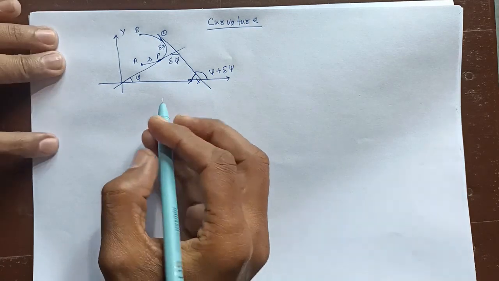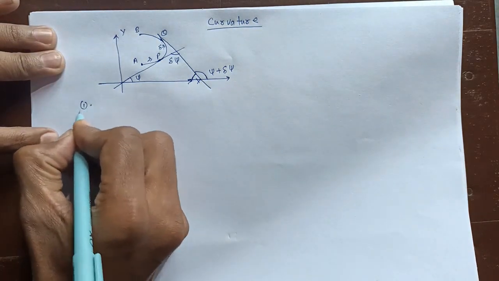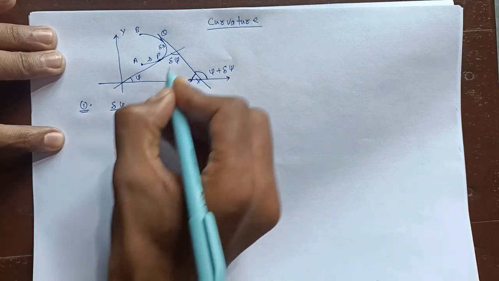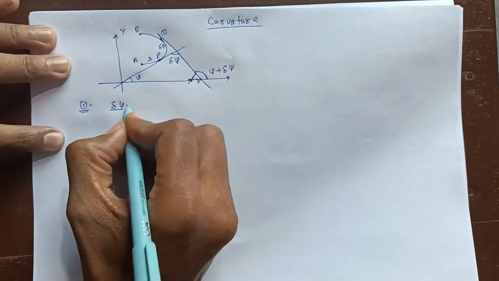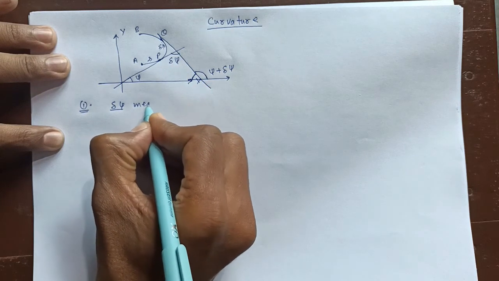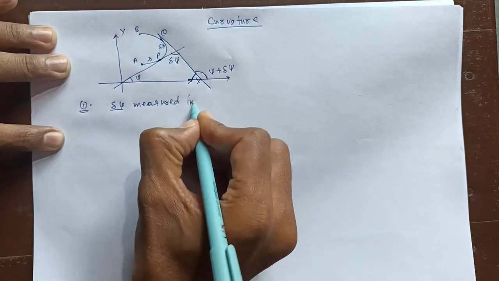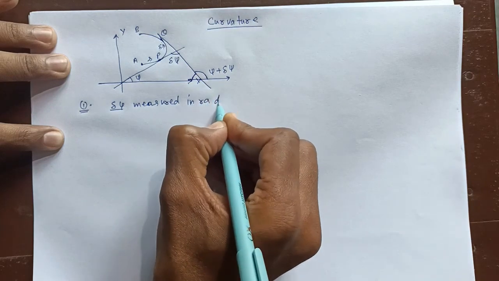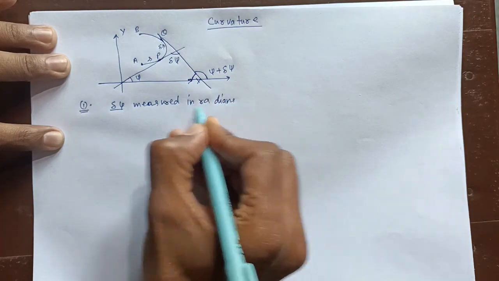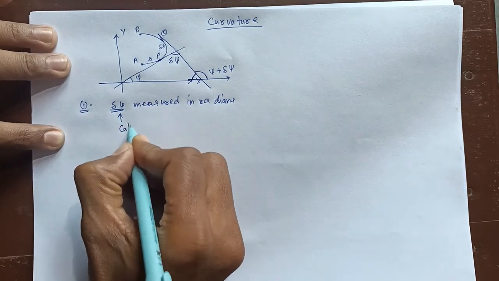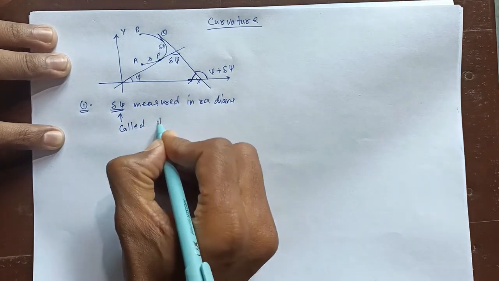Then what is curvature? Number one thing, delta psi. This delta psi is measured in radian. Then this delta psi is called total curvature.